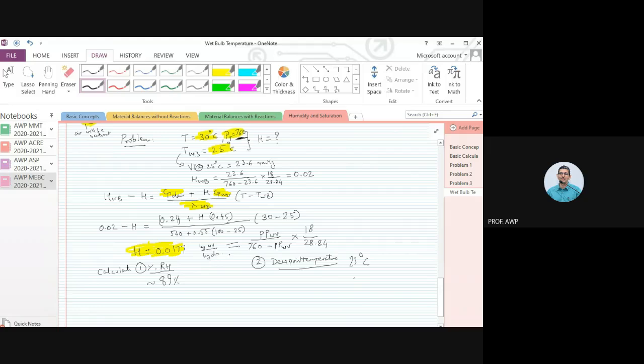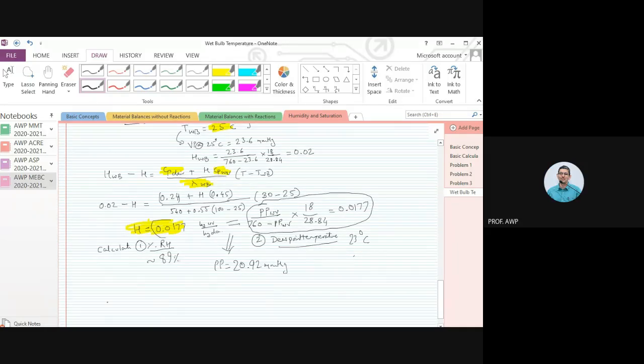Somebody calculate the partial pressure of water vapor from this expression. So 20.916, okay, so 20.92 mmHg.